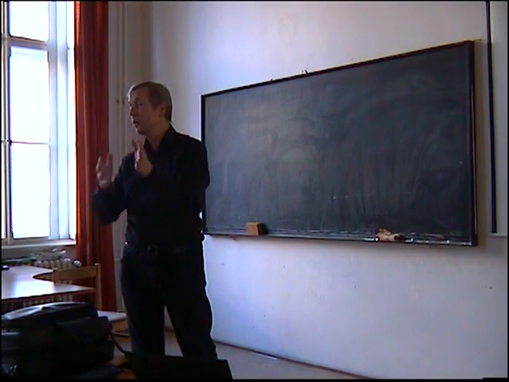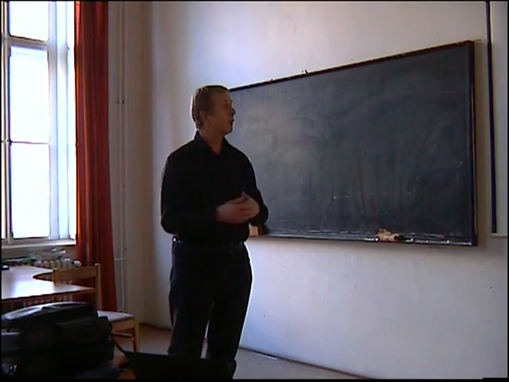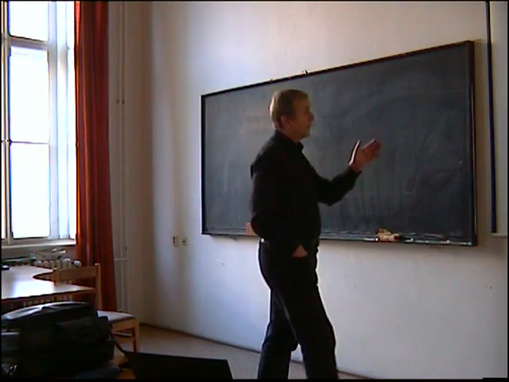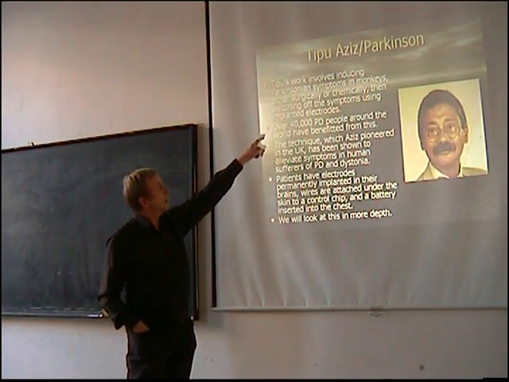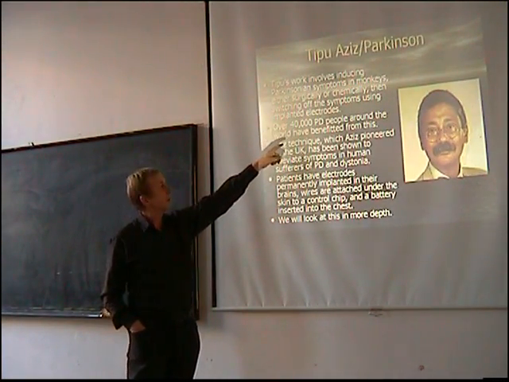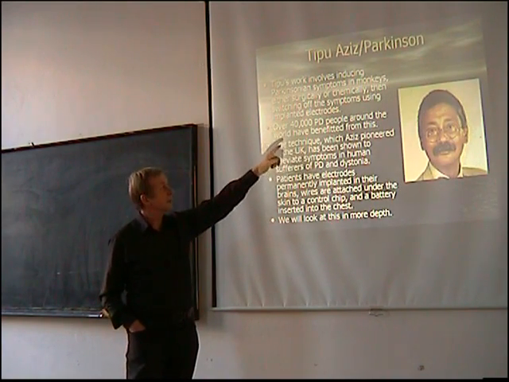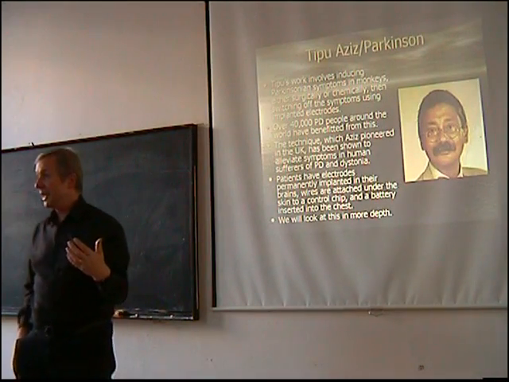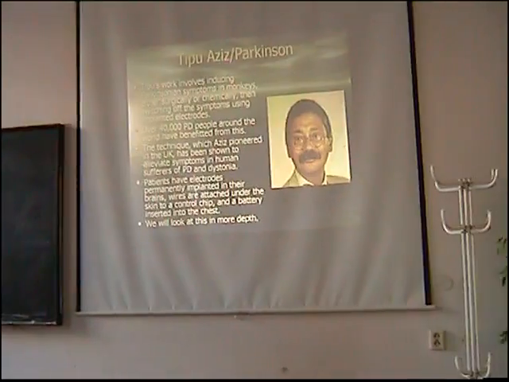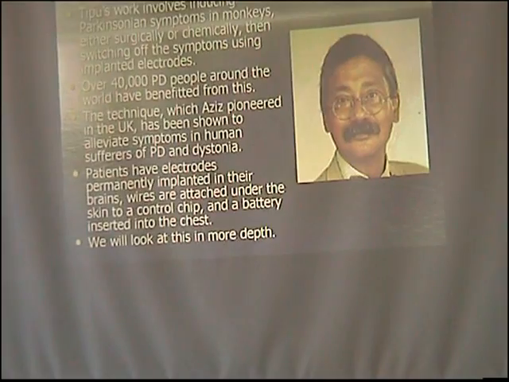In terms of ethical questions, over 40,000 people who have Parkinson's disease have now benefited from this technique. So this is quite a number of people. It doesn't cost money, it's a medical treatment, but it's not like it's 2 people or something. 40,000 people. Parkinson's disease is a pretty horrific thing.